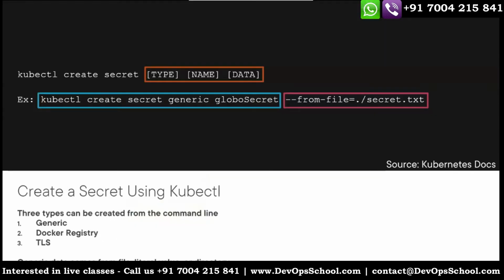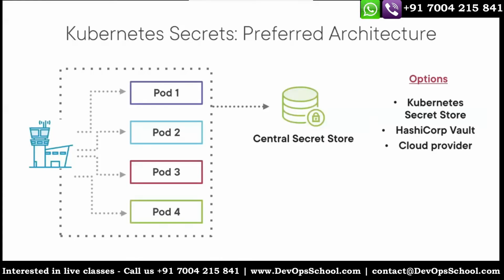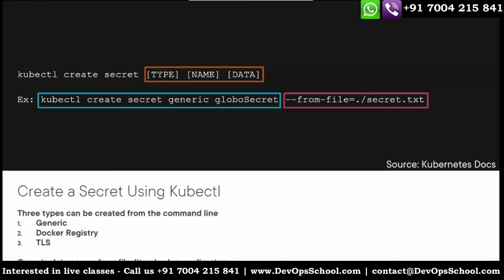So now the question is, how do you integrate that? When you install their operators, for example, Vault operators are installed easily. In fact, you can use a Kubernetes secret store also. When you create a secret, you specify the type, the name and the data. For example, here you are saying kubectl create secret generic, the name of the secret, and from the file.